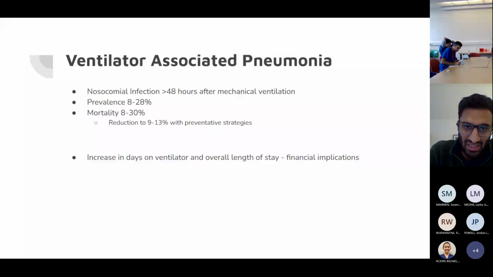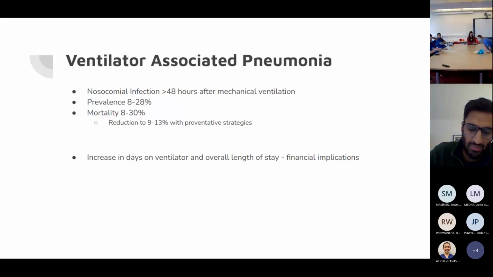So ventilator-associated pneumonias are essentially a form of nosocomial infection, hospital-acquired infection, that presents after 48 hours of mechanical ventilation. Figures in terms of prevalence and mortality are quite broadly quoted, ranging from 8 to 30% in both categories.